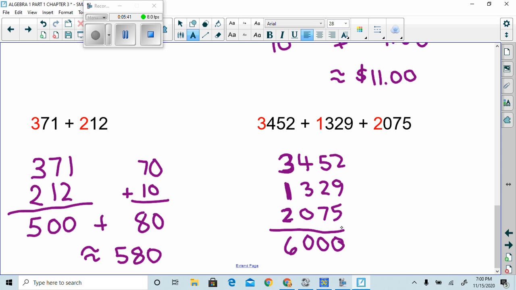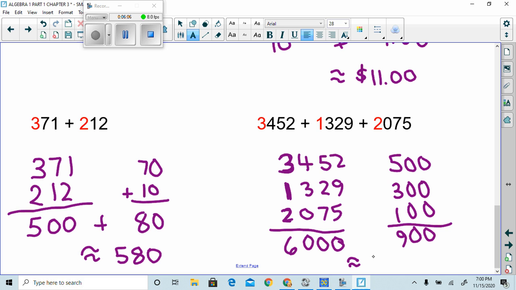Now let's take what's left over. 452, round it to the nearest hundred, gives me 500. Let's round 329, and that's 300. Let's round 75, and that's about 100. Let's add these all up. 5, 3 is 8, and 1 is 9. That's another 900 to adjust. And I add these two together. It's approximately equal to 6,900.